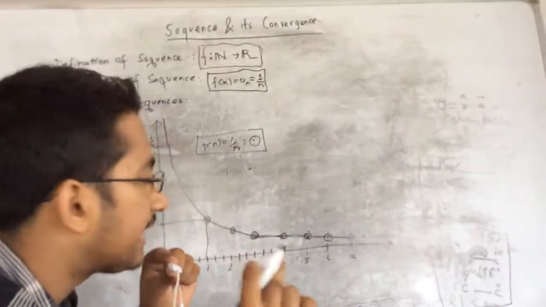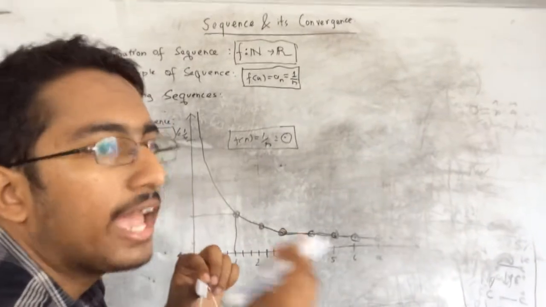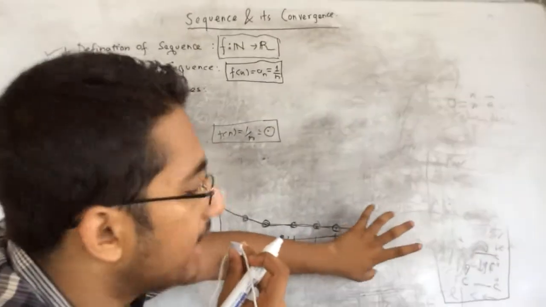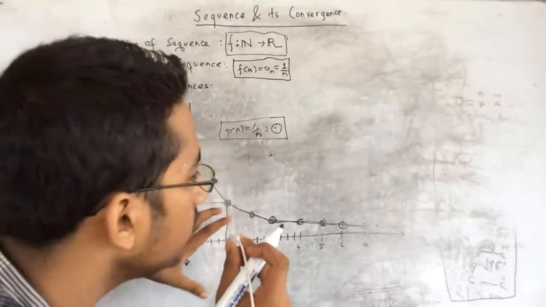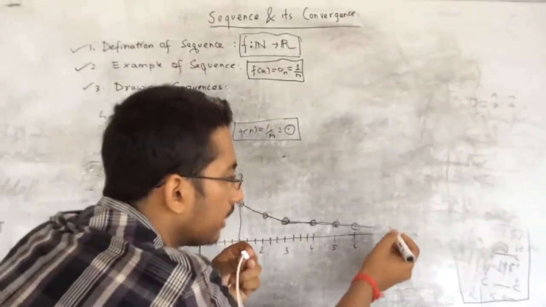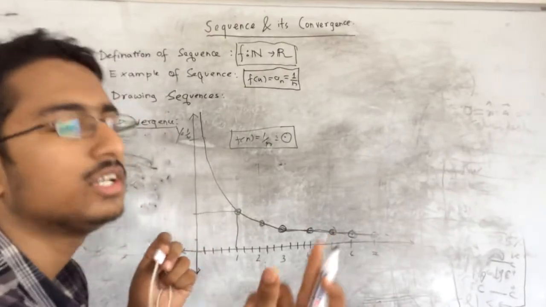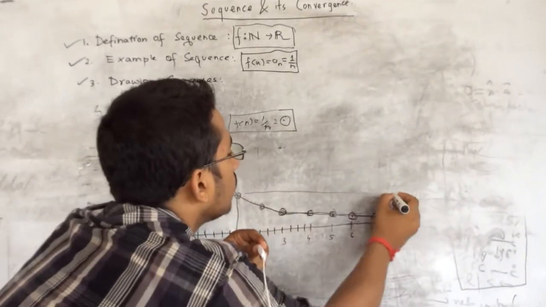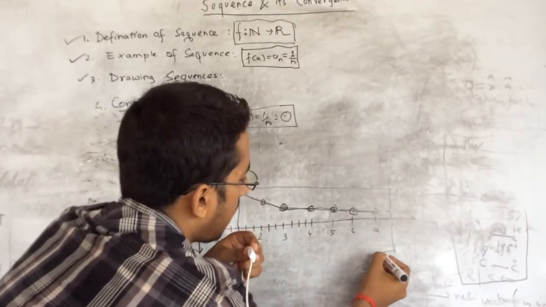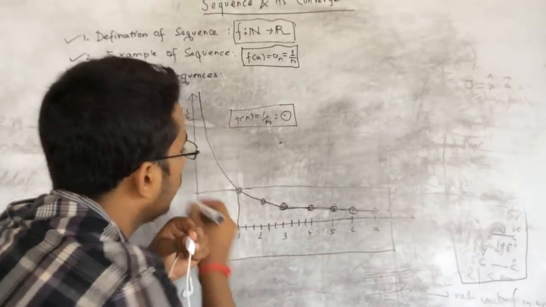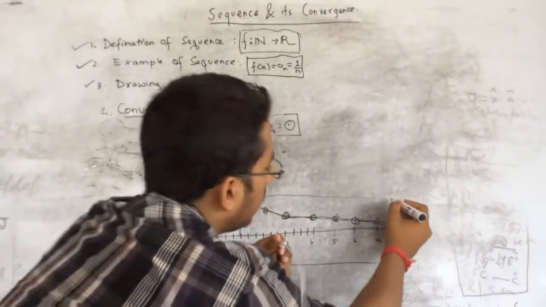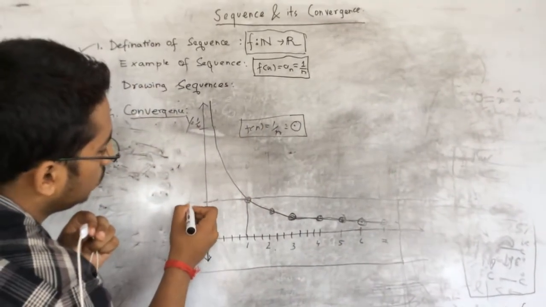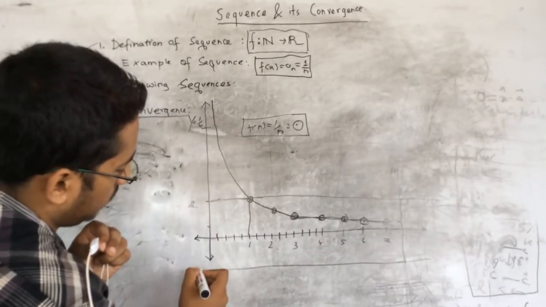Take any interval around the line you want. Here it's the y equal to 0 line, which the sequence is getting closer to. Let's first take the interval of 1. This is the line from 1 to minus 1.